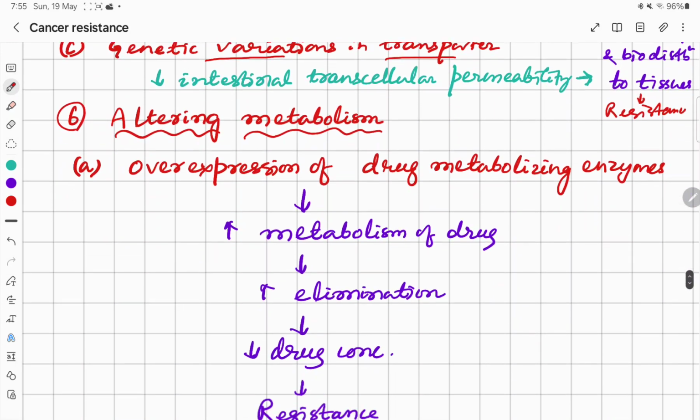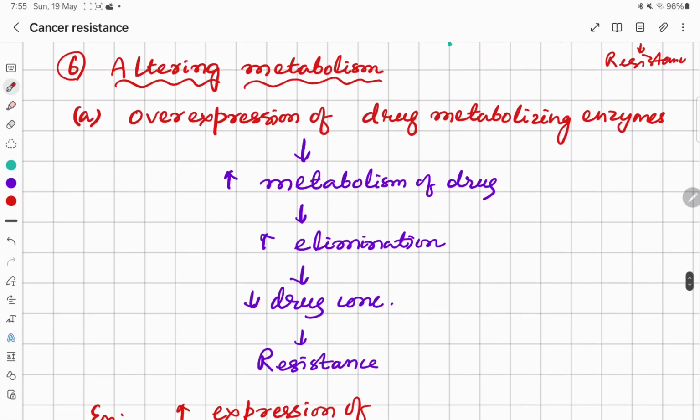Now the sixth mechanism of resistance, altering metabolism. Again we will discuss it under three heads. One, overexpression of drug metabolizing enzymes.